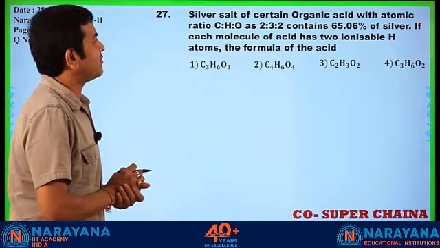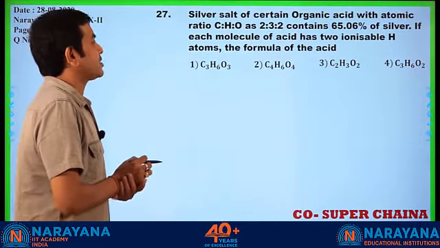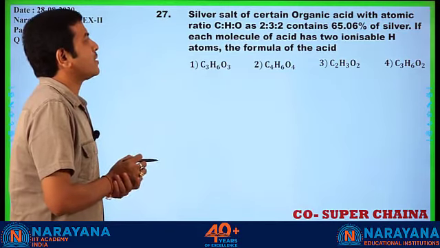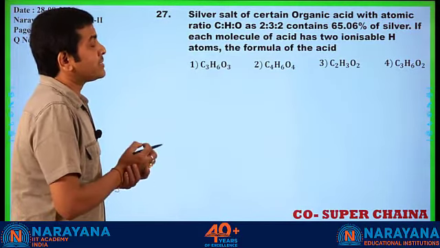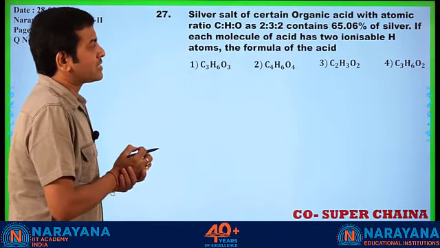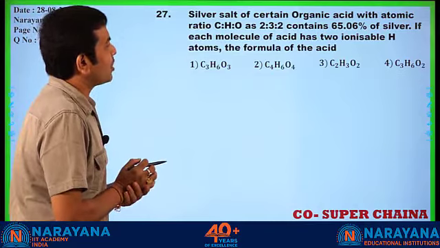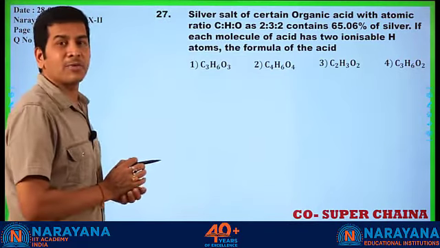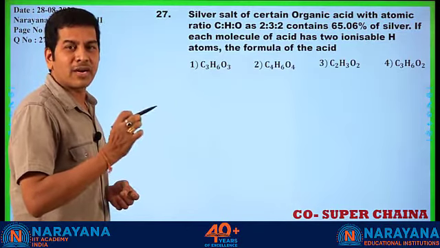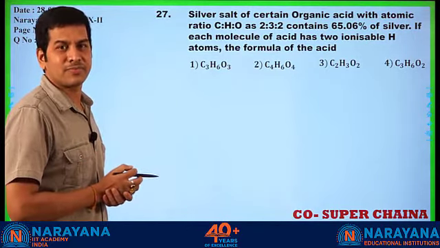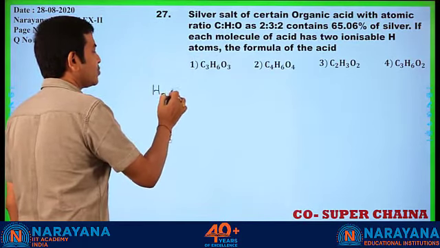Two ionizable hydrogen atoms means basicity is 2, a dibasic acid, H2A.